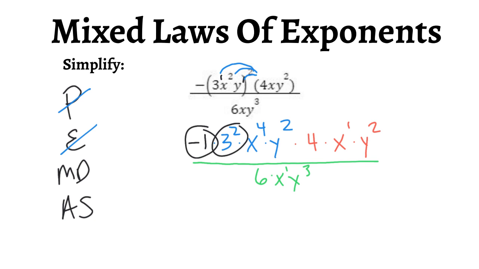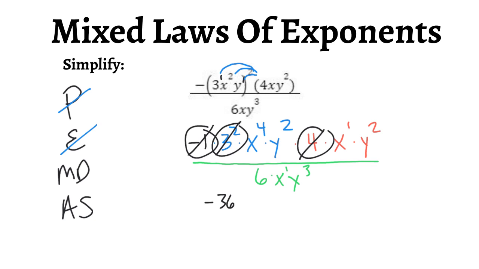You can put that in your calculator, or you can see that 3 squared is 3 times 3, which is 9. 9 times negative 1 is negative 9. Negative 9 times 4 is negative 36. So I'm going to write this as negative 36. I just combined the coefficients.